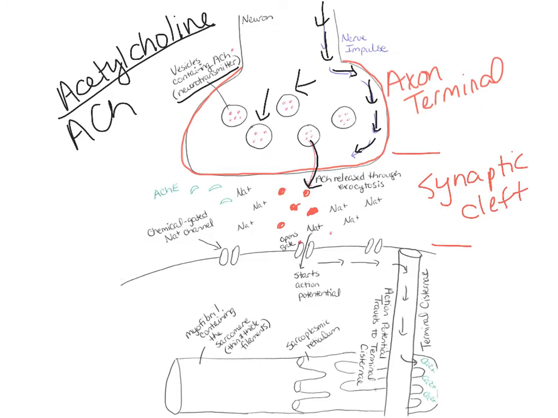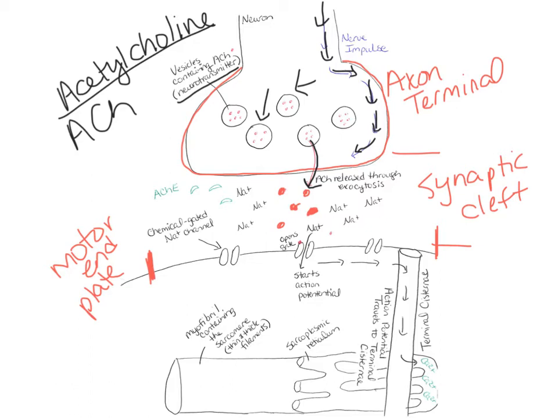And when we look at the muscle side, wherever that axon terminal is coming in contact with the muscle, that space there on the muscle membrane is called the motor end plate. Okay, so acetylcholine gets released into this synaptic cleft, which is interstitial fluid.